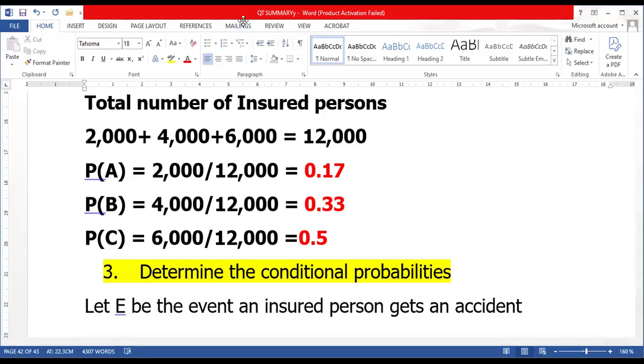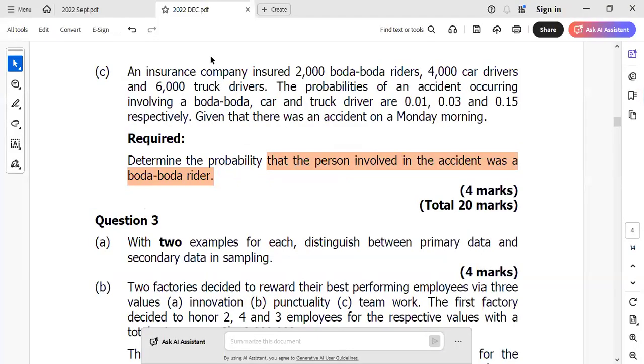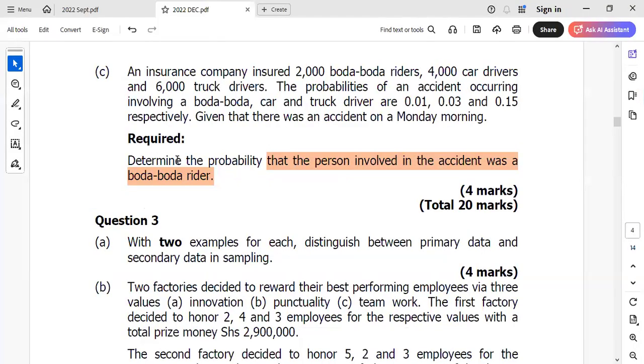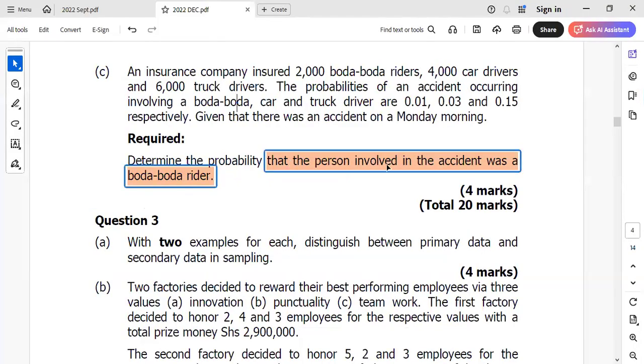Why are you saying that, colleagues? Because when you are looking at the required part, we are told to determine the probability that the person involved in an accident was a border rider. So we want to know the event that an insured person gets an accident. Okay?